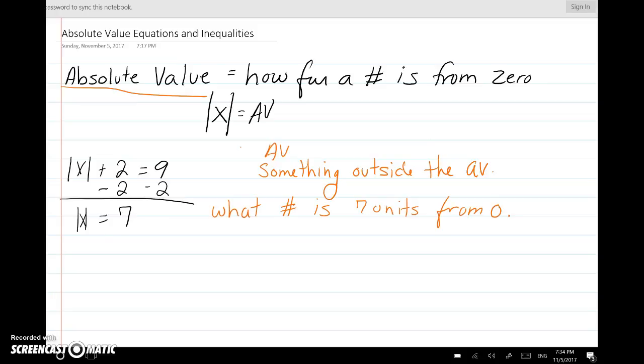There are two numbers: x can be 7, and x can be -7. With absolute value problems, you should always check your answers, because we're going to see some situations, maybe not today, but tomorrow, where the answer just doesn't work.